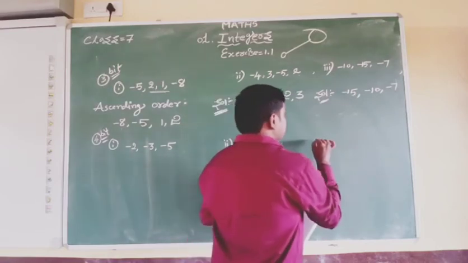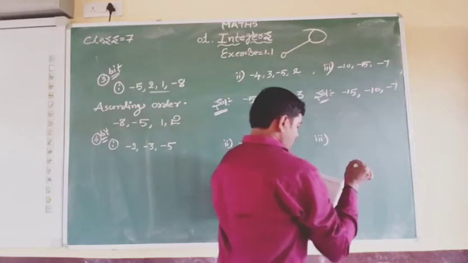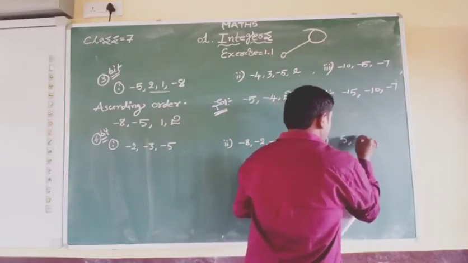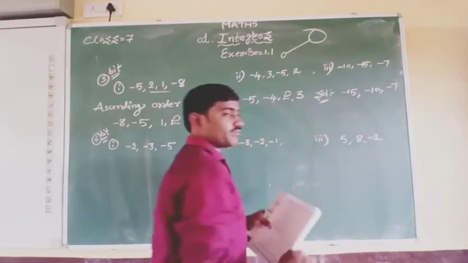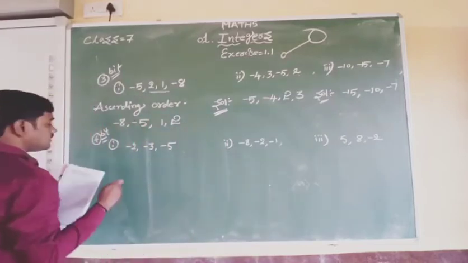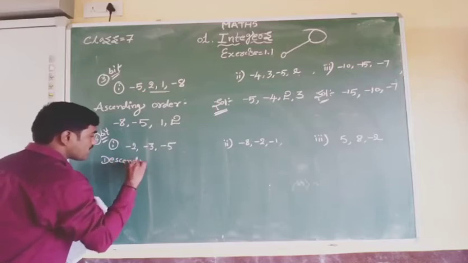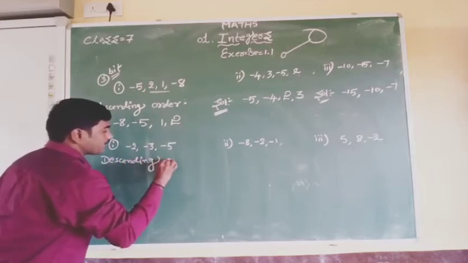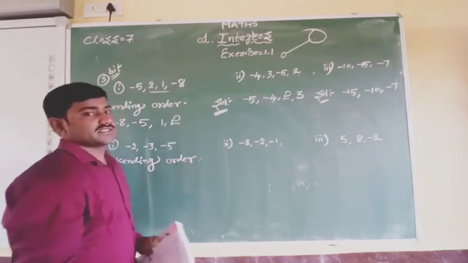Then the third one: 5, comma, 8, comma, minus 2. So what we need to do here is write in descending order of these following questions.